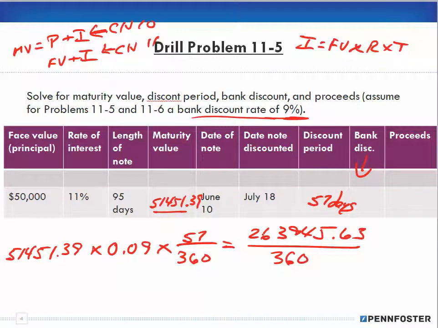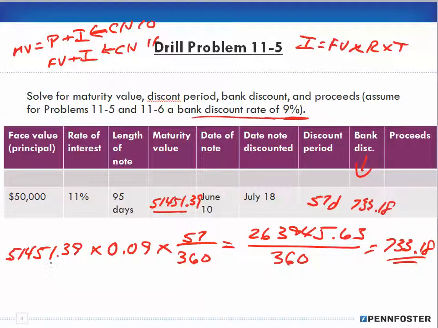So we divide that by 360 and we end up with 733.18. Let me erase that there. Just make that D for days. So this is 733.18 as the bank discount, or the interest.